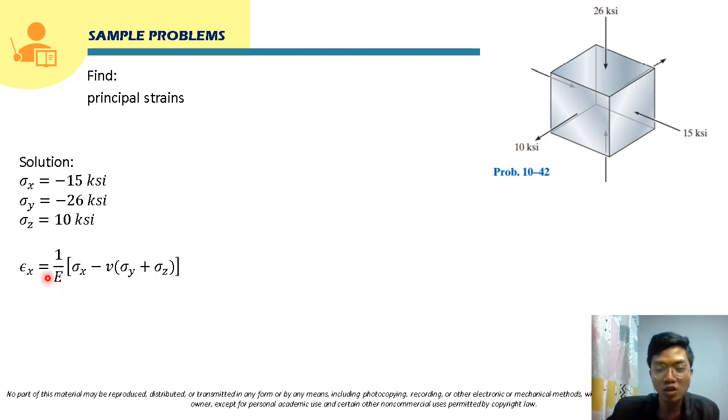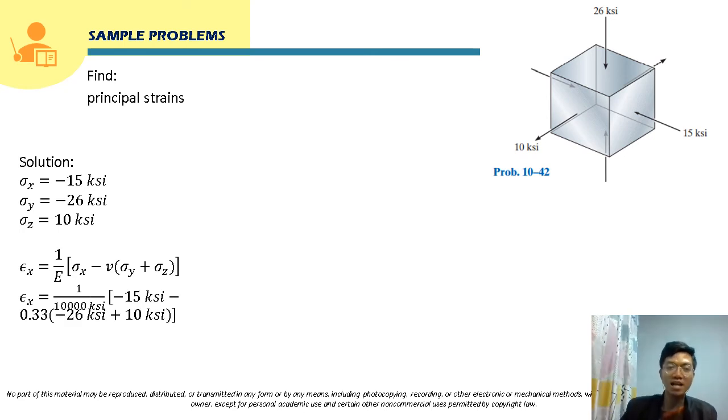The modulus of elasticity is given in the problem. Substituting these values, this becomes 1 over 10,000 KSI times sigma x, negative 15 KSI, minus the given Poisson's ratio 0.33 times the sum of sigma y, negative 26, plus sigma z, that is 10 KSI.